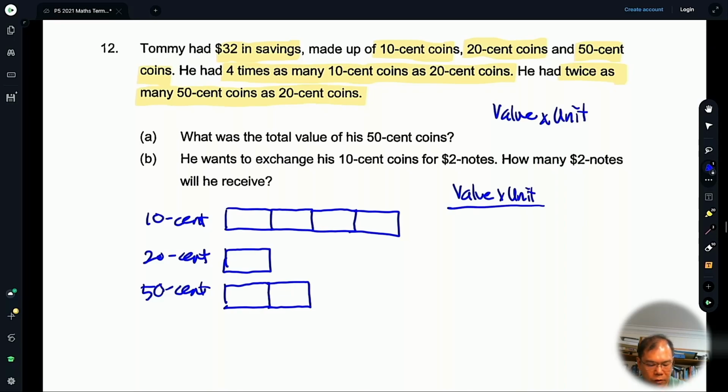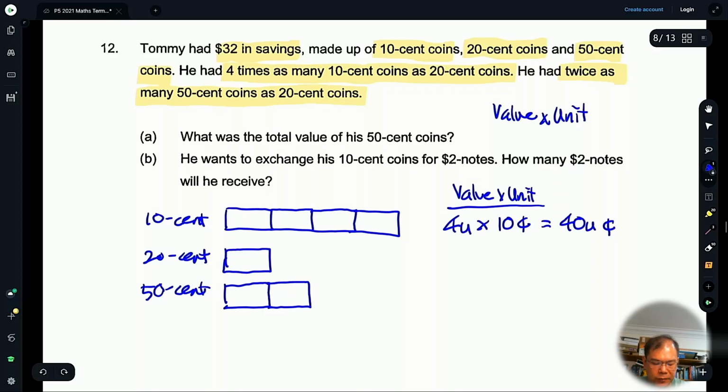So I have 4 units of coins, and these coins are 10-cent coins. So total, all the 10-cent coins, the total value will be 40 unit cents. Okay, 4 times 10 is 40, right? So 4 units times 10 cents is 40 unit cents.